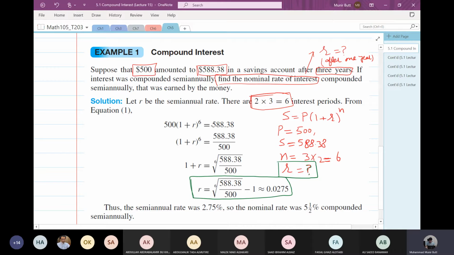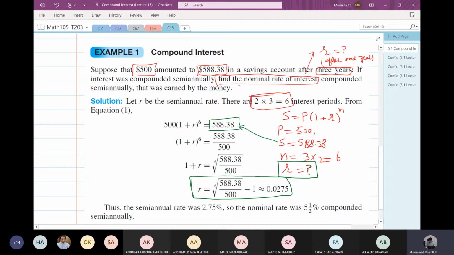S, you see S here, this capital S. Clear now. 1 plus R to the power 1 over 6, you take the power 1 over 6, you will get this R. But this R is for 6 months because the interest was computed semi-annually.